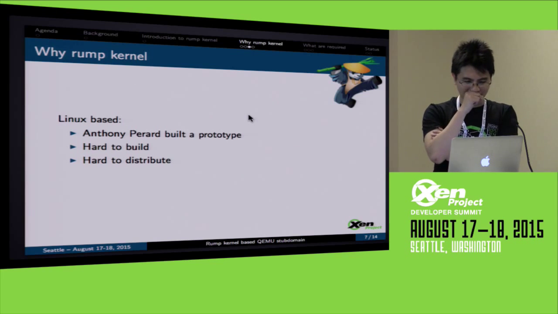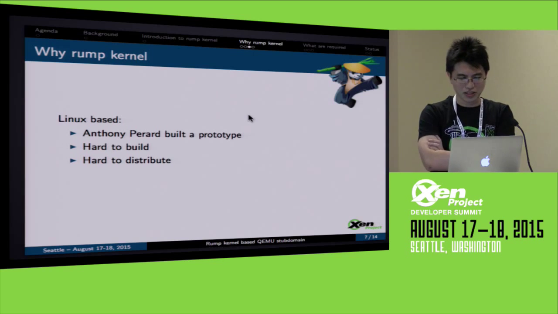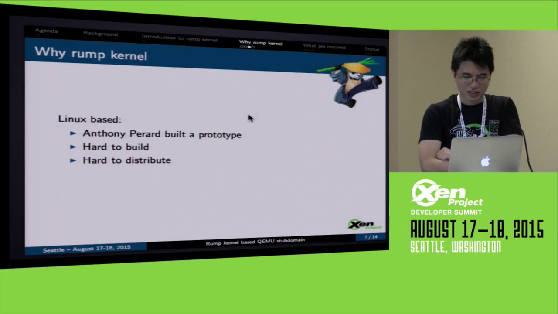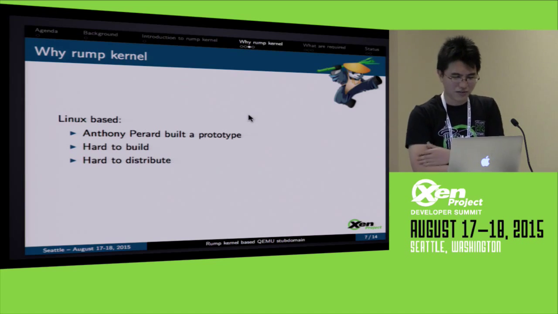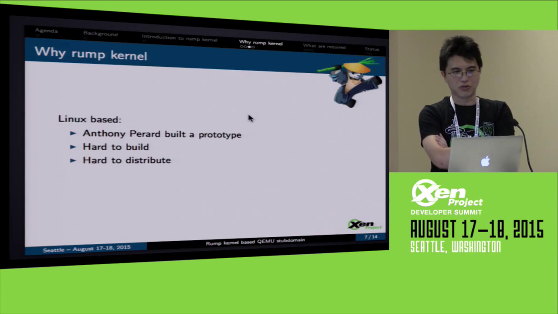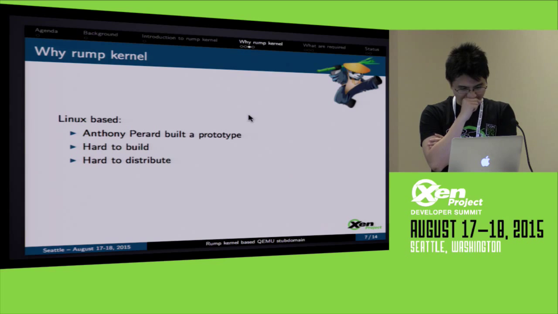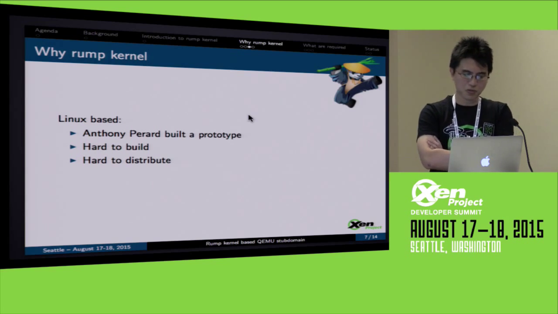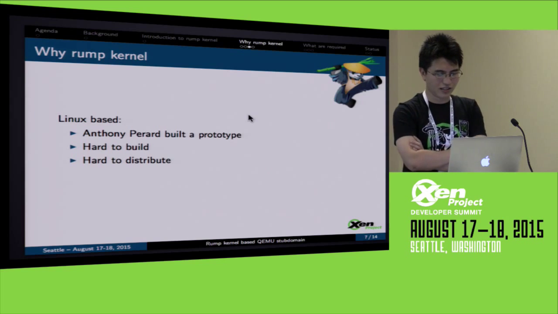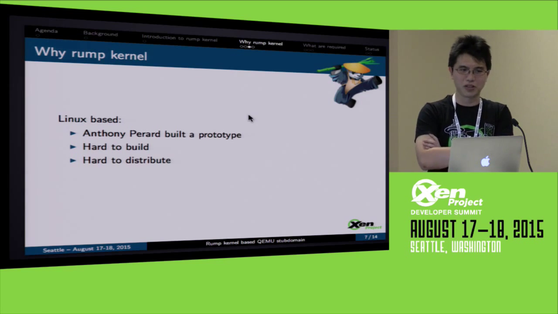And one guy reposted that patch series some time ago, but unfortunately it didn't go anywhere because of many issues. For example, the most unsolvable problem to me is that it's still very hard to build the whole thing.